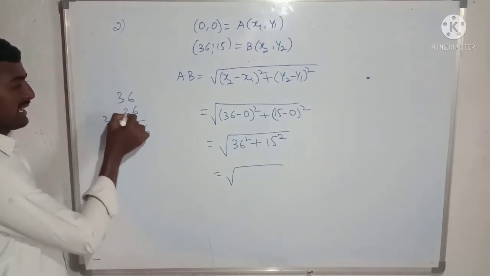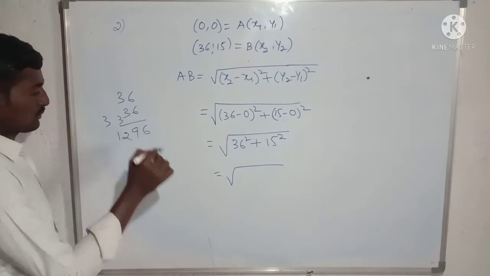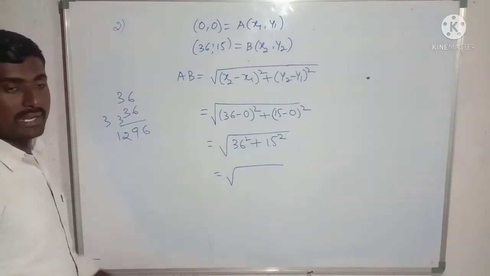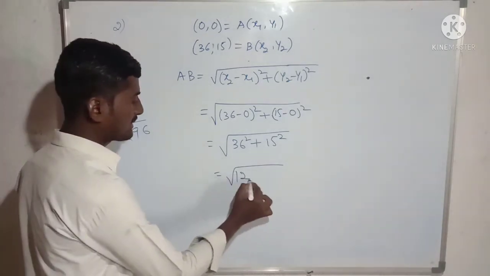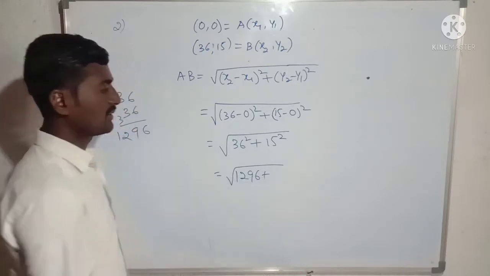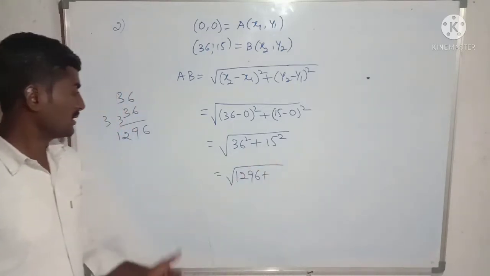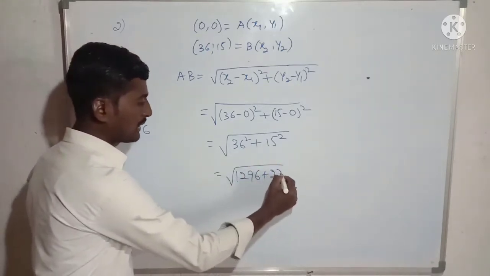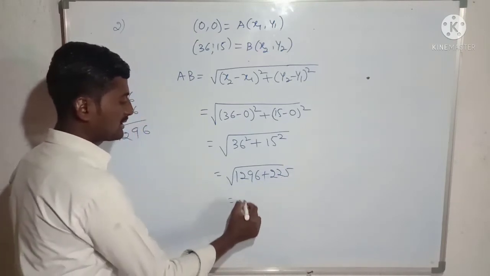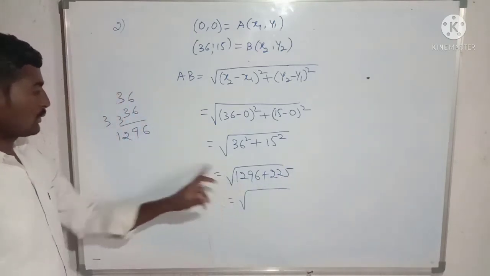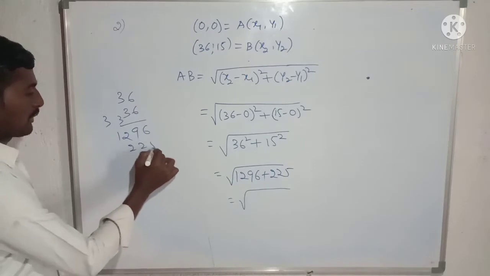Next 3 threes are 9 plus 3, that is 1296. 1296 plus 15 square. So 15 square is how much? 225. So this is equal to 1296 plus 225.